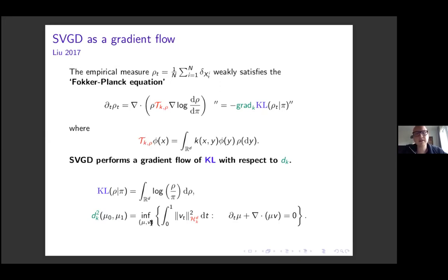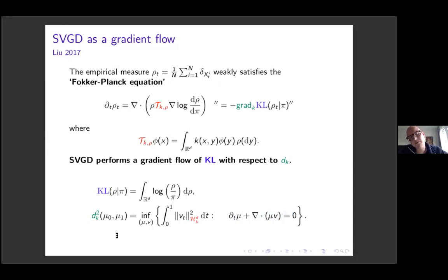So the way to look at it is that d_k is the distance between mu0 and mu1 as the shortest connecting curve between mu0 and mu1, when the length of these curves is measured like this. This continuity equation means that the vector field v drives the measure mu. In the sense of an ODE, when you have an ODE driven by a vector field v, then the corresponding law will follow this continuity equation.